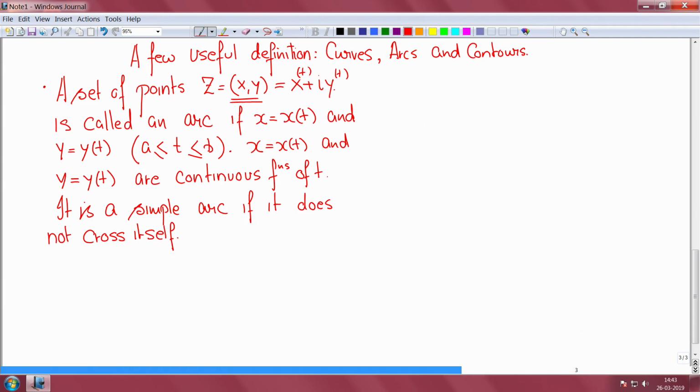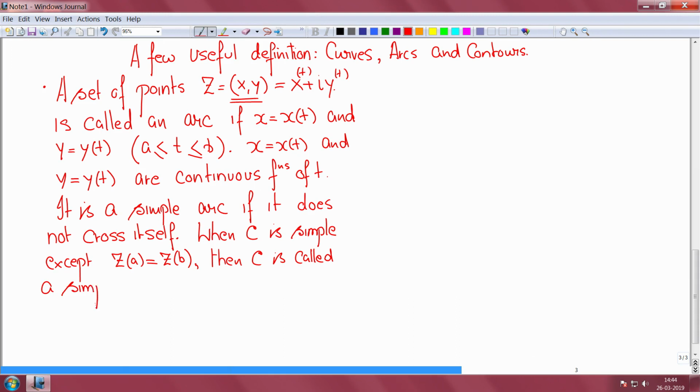However, the other case, when C is simple, that means it does not cross itself, except that the end points meet, that is z of A is equal to z of B, then C is called a simple closed curve.